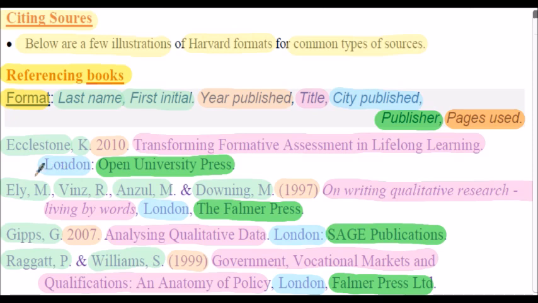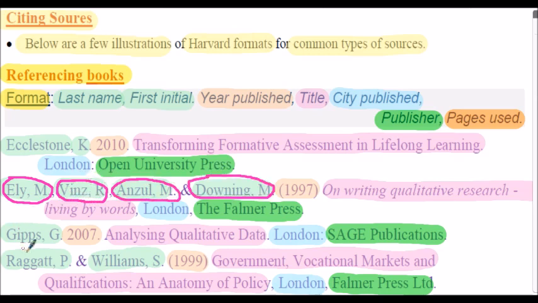Just note with this second book entry we have 4 authors, each author stated in terms of last name and then first initial. And this fourth book referenced has 2 authors, again last name and first initial.